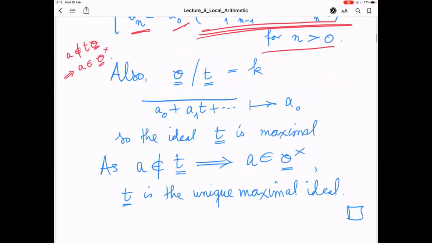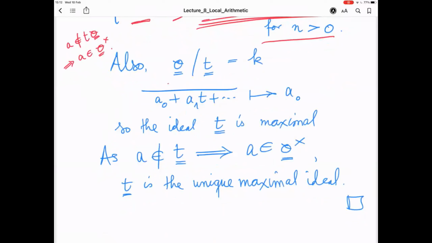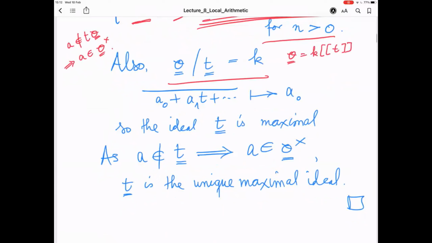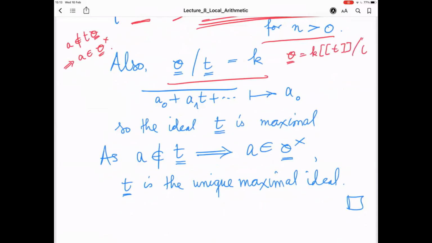Now, what is the quotient of O modulo this ideal? This is obviously equal to K, the field. So O, remember, is K power series in t, and modulo t, of course, this is going to be just little k.